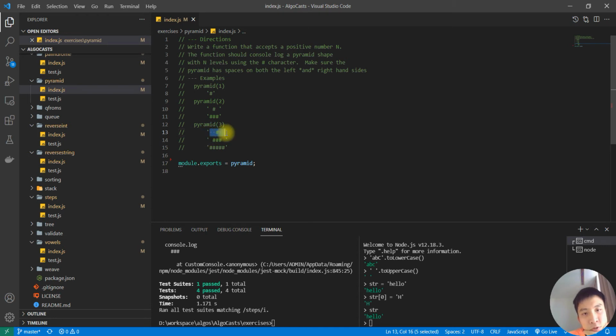It's just different in the way you distribute the hash in the spaces. And I think we must calculate the line width somehow.